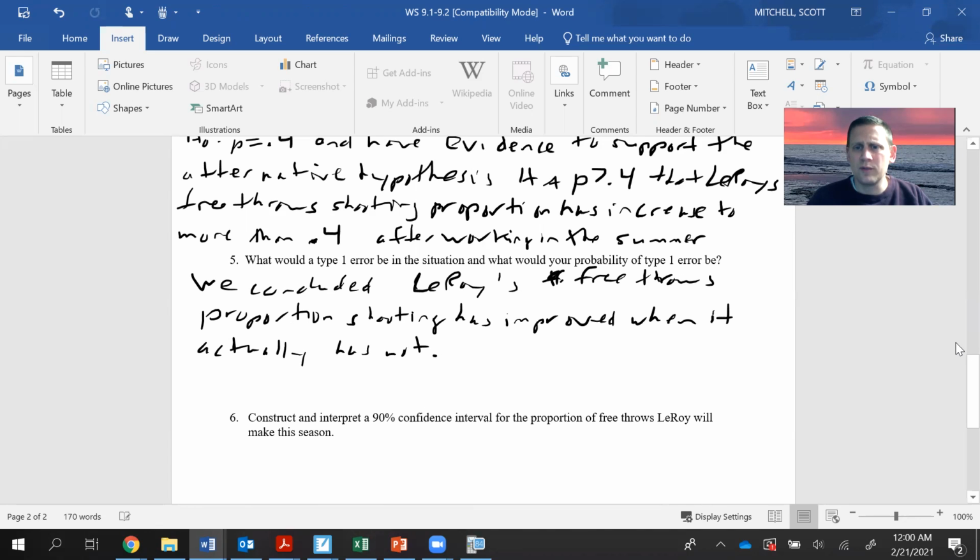When we say it improved, it got greater than 0.4 when it's still equal to 0.4. Okay, putting it in context.